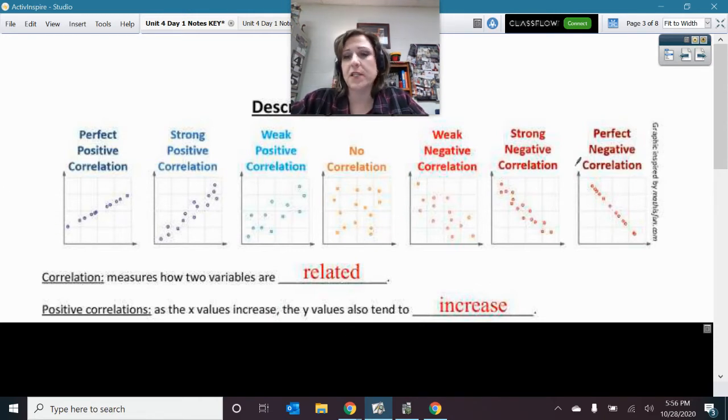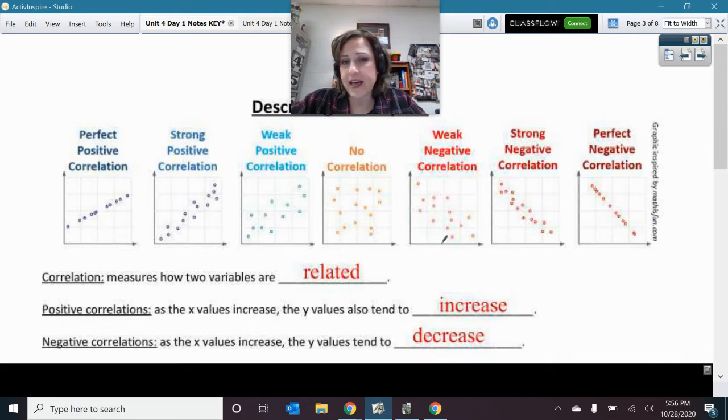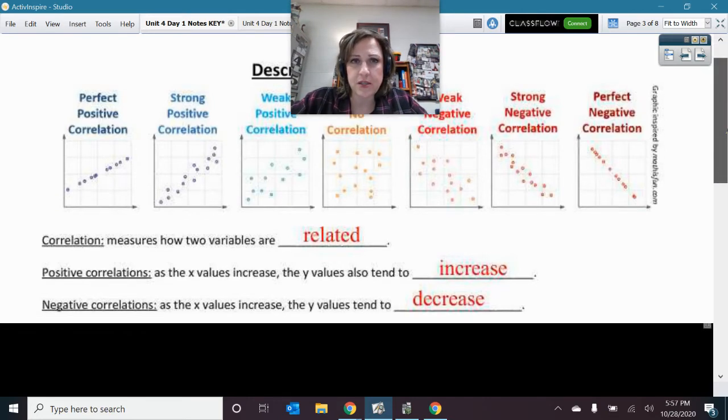How about the negative ones? We've got weak negative, strong negative, and a perfect negative. That is because as the x value increases, the y value decreases. Notice here in the middle, this is no linear correlation. That doesn't actually look like any type of correlation to me.